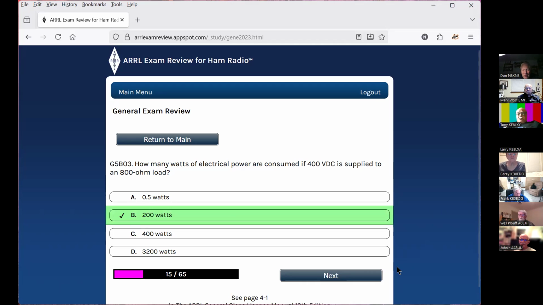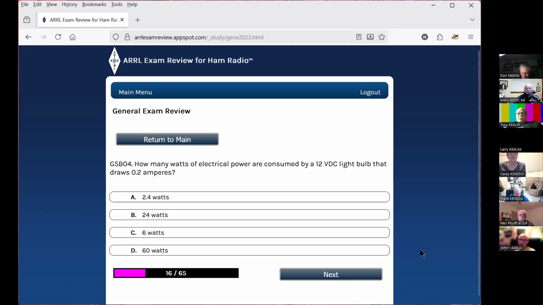All right, I'm going to do 5 more and then we'll quit for the night. How many watts of electrical power are consumed by a 12 volt DC light bulb that draws 0.2 amperes? 2.4 watts, 24, 6, or 60 watts?